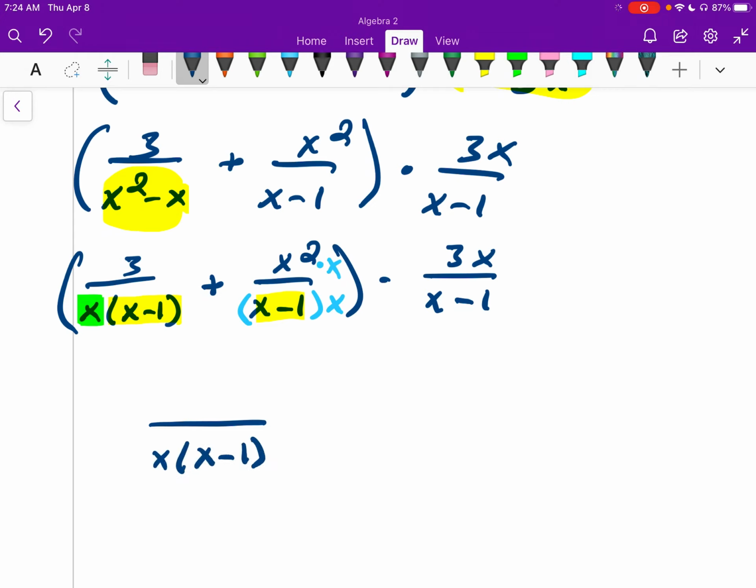And whenever I put the numerators together, I'll have a 3 plus x cubed, right? This piece here turns into an x cubed. And this is going to multiply by 3x over x minus 1.